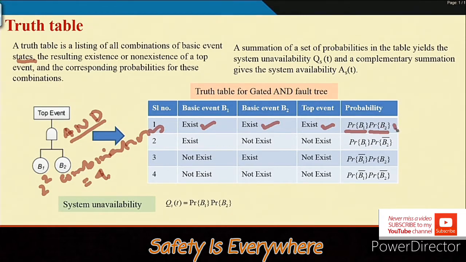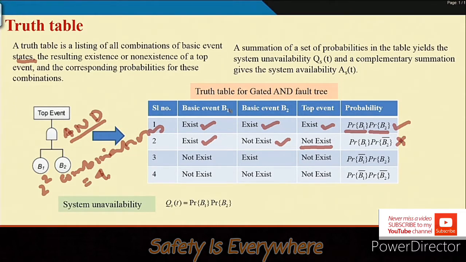This is a system state where the top event exists, meaning the system is unavailable. Second, suppose B1 exists and B2 does not exist. Because of the AND gate the top event doesn't occur, so the system is available. This will not contribute to the unavailability calculation.